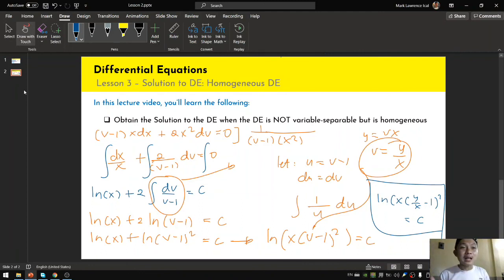Actually, in math there are really many forms. There are many ways or many forms of writing a mathematical equation or function, so the appearance can differ, but the answer is the same. For example, who would have thought that y raised to 2 can also be equivalent to 1 over this one?